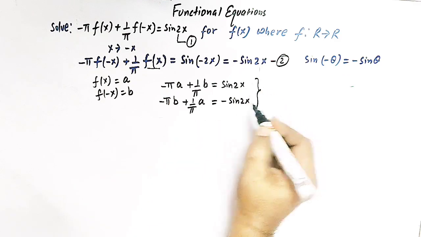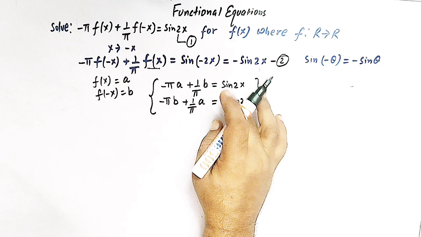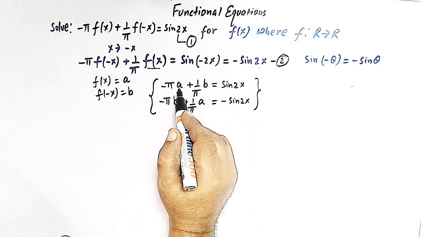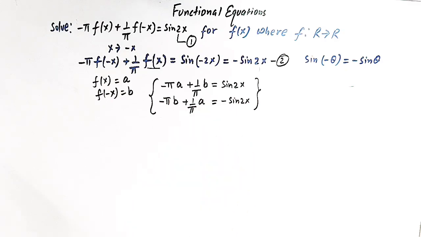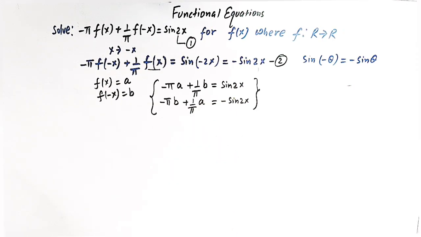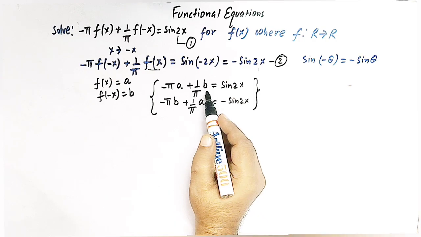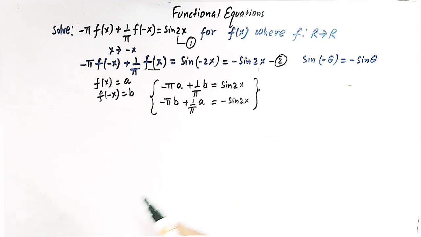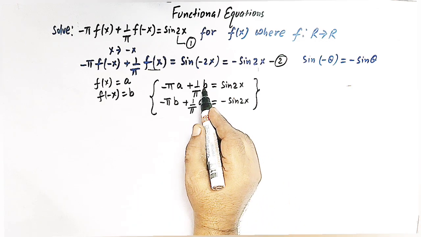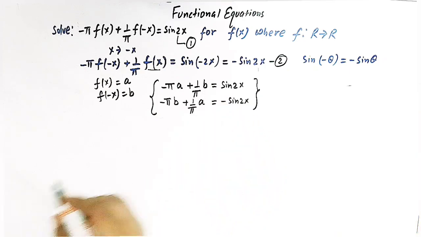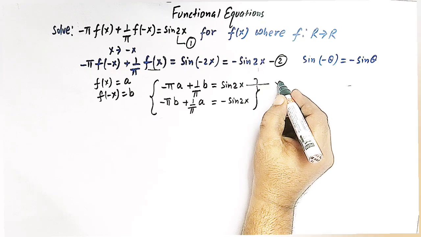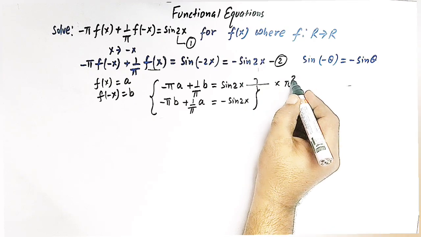So now we have two equations similar to a system of linear equations in the variables a and b. The second step is to eliminate the variable b, as we do while solving a system of linear equations. Let us equate the coefficients of b in these two equations. So let us multiply the first equation throughout by pi square.